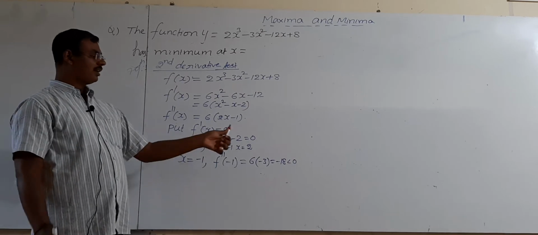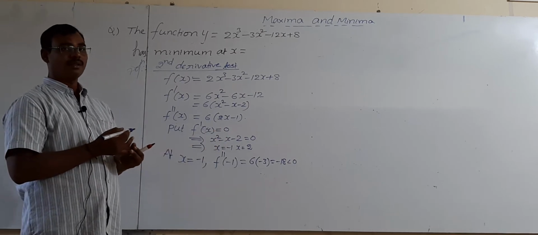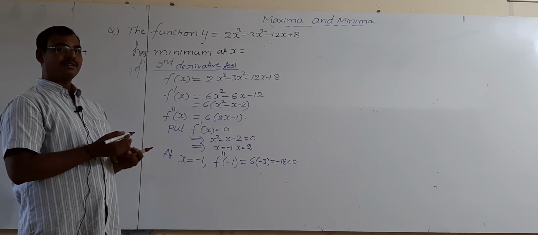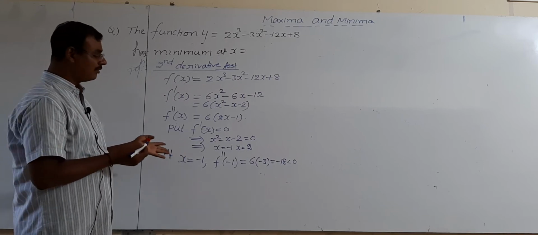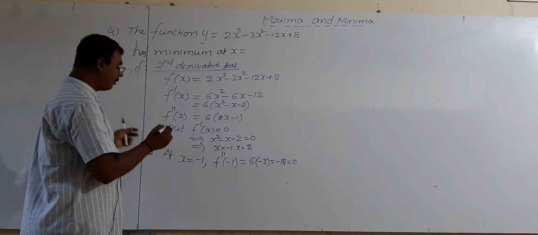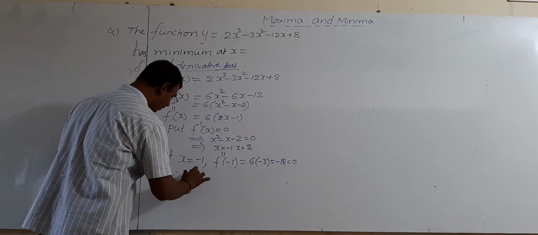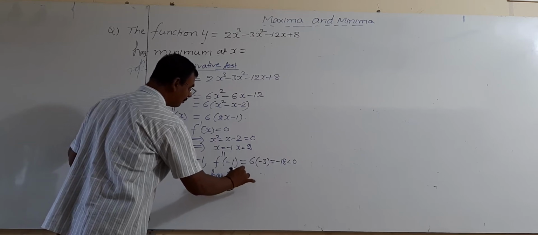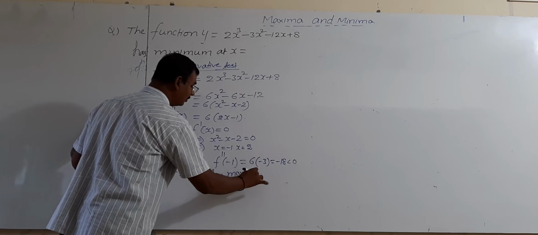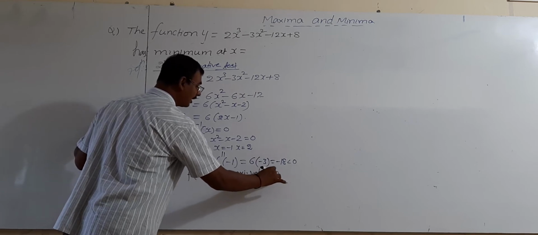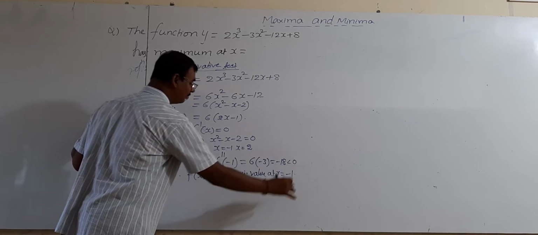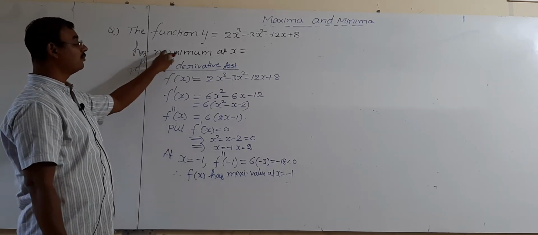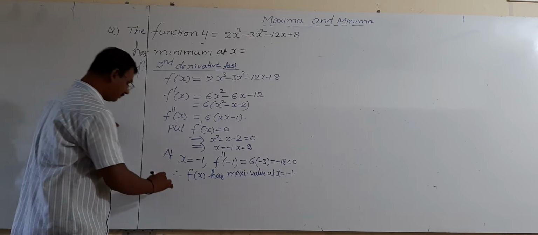If second derivative is less than 0, it has maximum. Therefore, f of x has maximum value at x is equal to minus 1. But we don't want this value. We want minimum. Where it has minimum, check out.